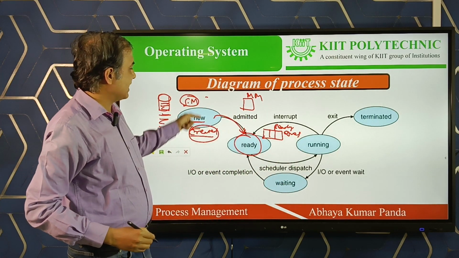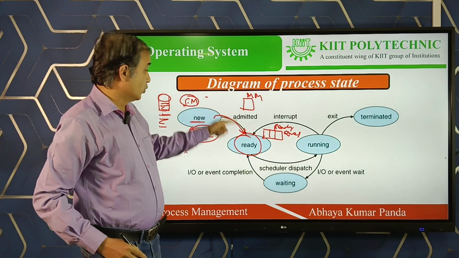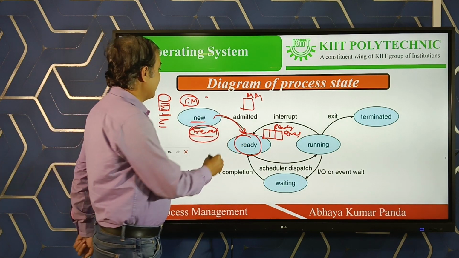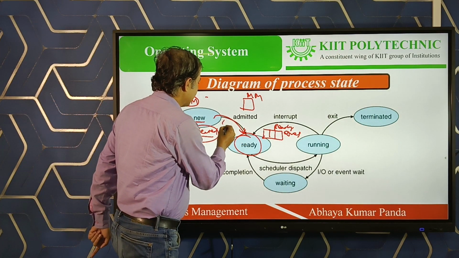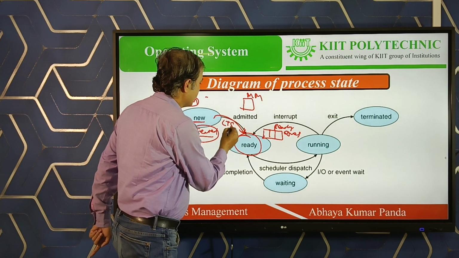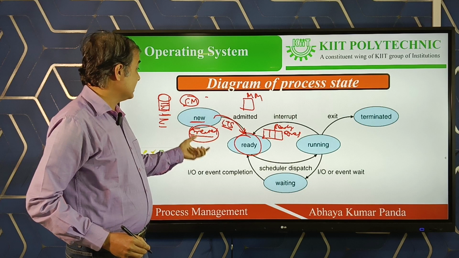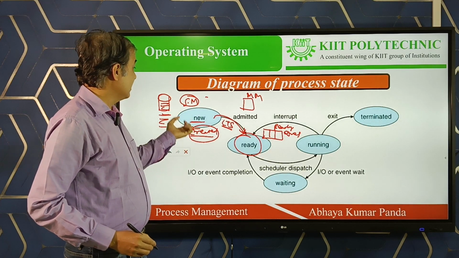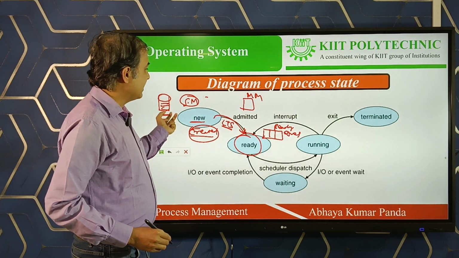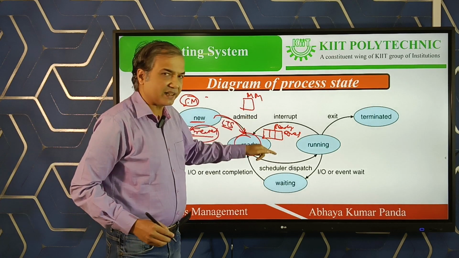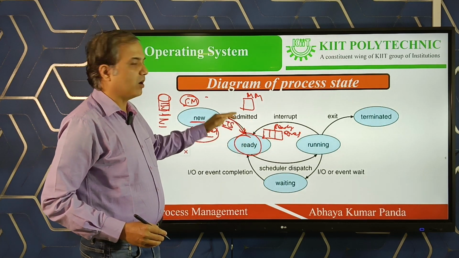Processes are transferred from the new state to the ready state with the help of a scheduler known as the long-term scheduler. The function of the long-term scheduler is to select a process from the secondary memory and send it to the ready queue for execution.